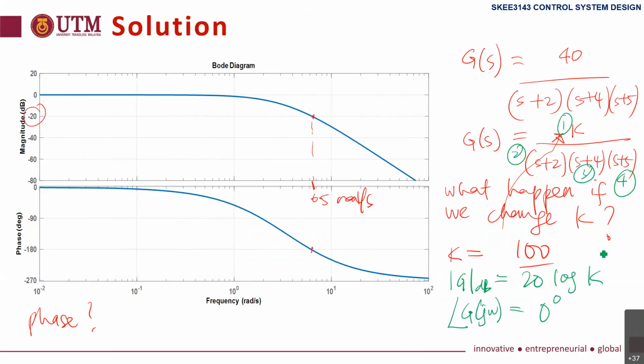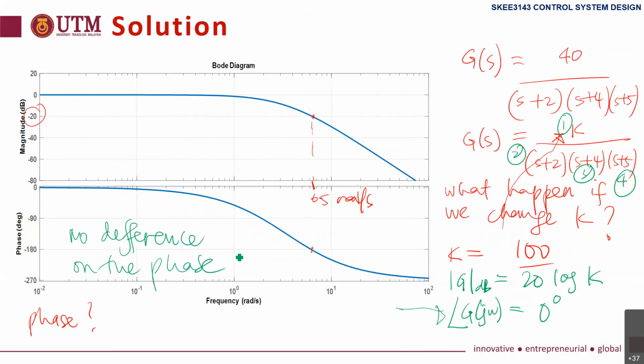Therefore, with different K, whether K is 100 or 1000 or 10,000 or any value, the phase will be 0 due to that component K. So there will be no difference on the phase, because K contributes 0 degrees.